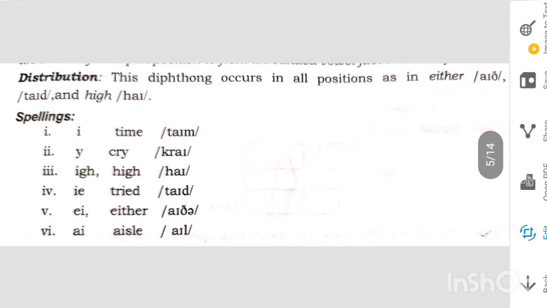Then here I think it's supposed to be tied, not tried. So it is tied, and if it is tied, it is I and E, which stands for the vowel glide I. Either, E and I stands for the vowel glide I.